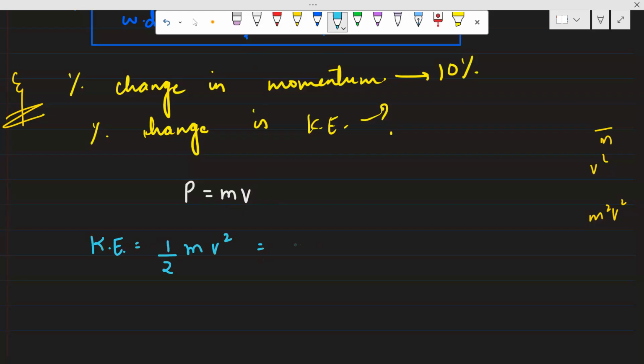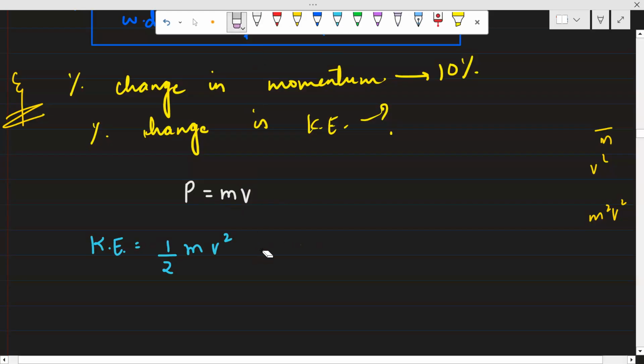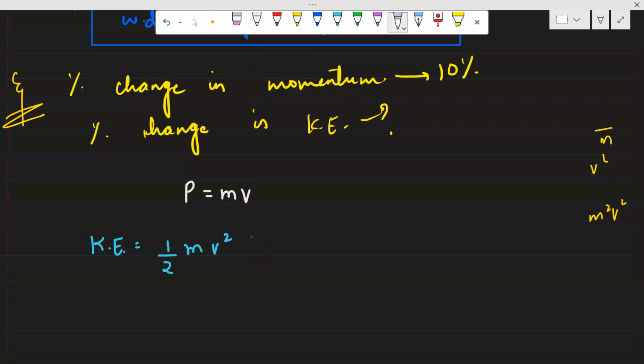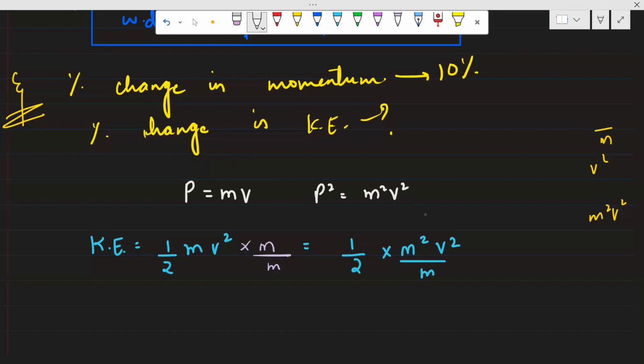If I write it like this, or in fact, let me do one thing. Rather than writing, if I multiply and divide it by the mass, now see what will happen. This will be half, and this will become m square v square divided by m. See, if p is equal to mv, p square should be equal to m square v square.